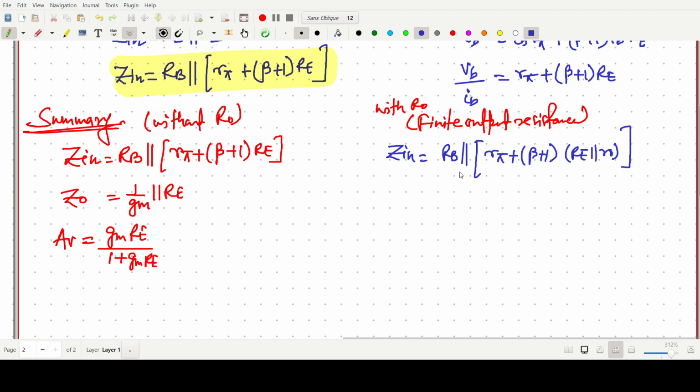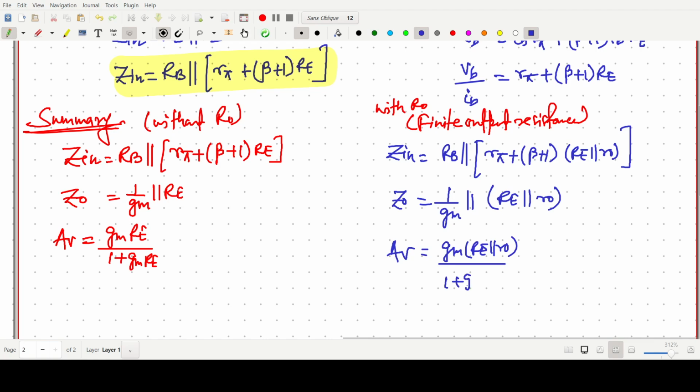In RE we have to make it parallel. And Z naught will be 1 by GM parallel with RE parallel with R naught, and AV is GM RE parallel with R naught by 1 plus GM RE parallel with R naught, or one can write it like this: RE parallel with R naught divided by 1 by GM plus RE parallel with R naught.